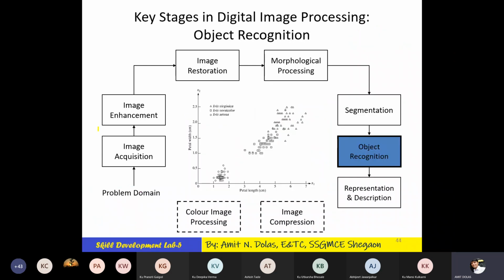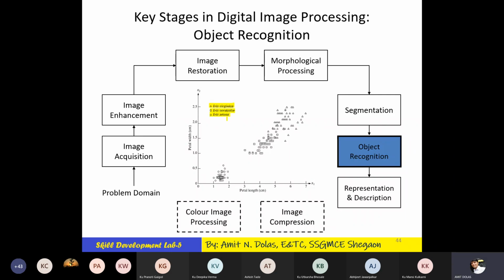Then object recognition. As I mentioned, there is a nature scene and somebody is interested in object recognition, like the number of trees, number of tigers, number of sheep, number of different animals, suppose. Similarly here it is again related to iris.